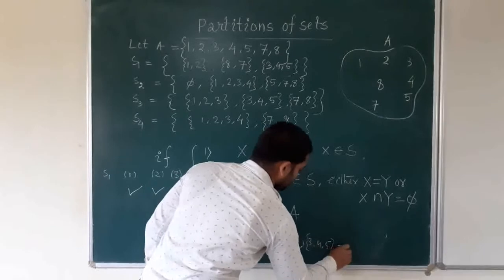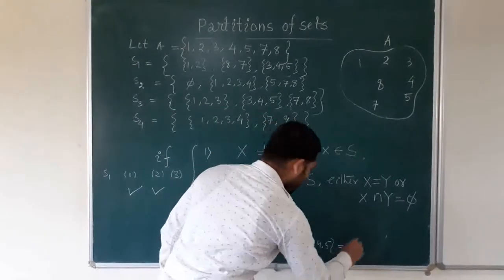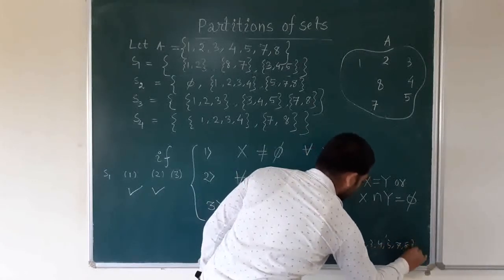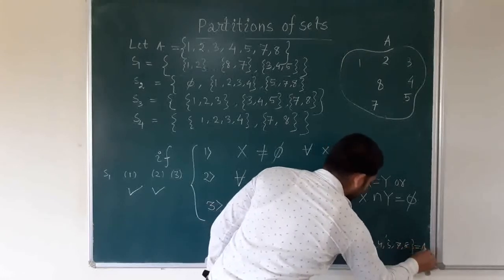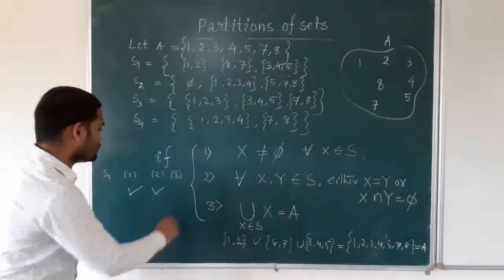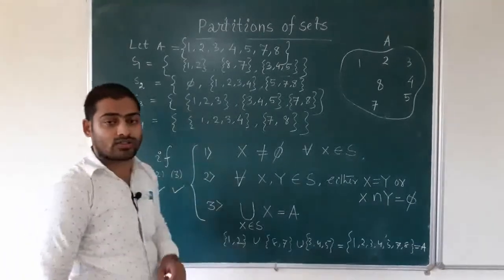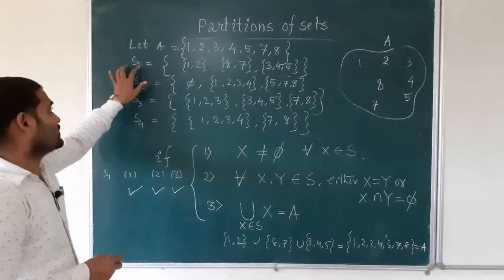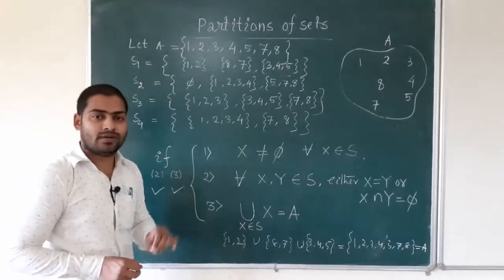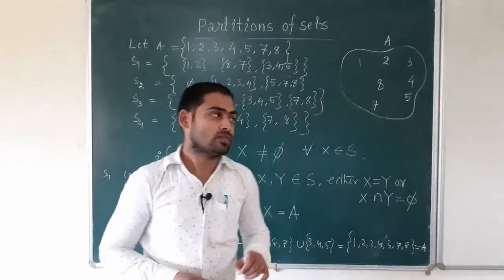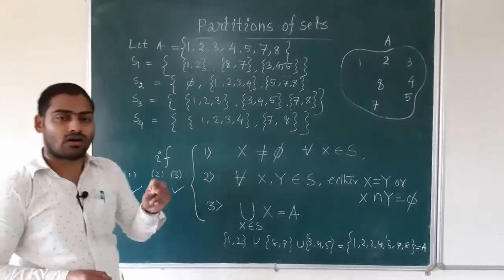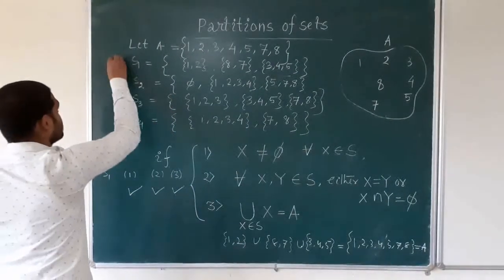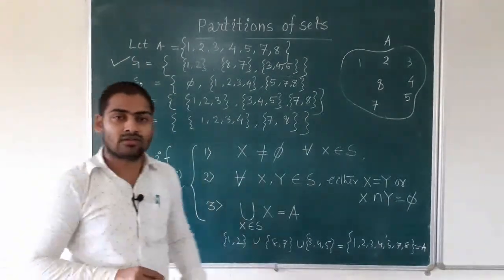Then you get 1, 2, 3, 4, 5, 7, 8, which is the set A. Yes, so the third condition is also satisfied. So this S1, the collection of non-empty subsets of A, is a partition of set A.